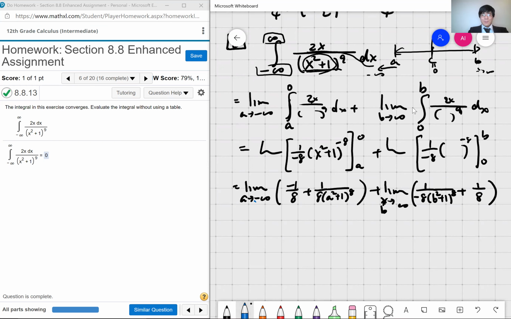Now taking the limit, there is infinity in the denominator. This is 1 over infinity, so it's going to be 0. And this is also 1 over infinity, so it's going to be 0. So it becomes negative 1 over 8 plus 1 over 8. So the answer will become 0.